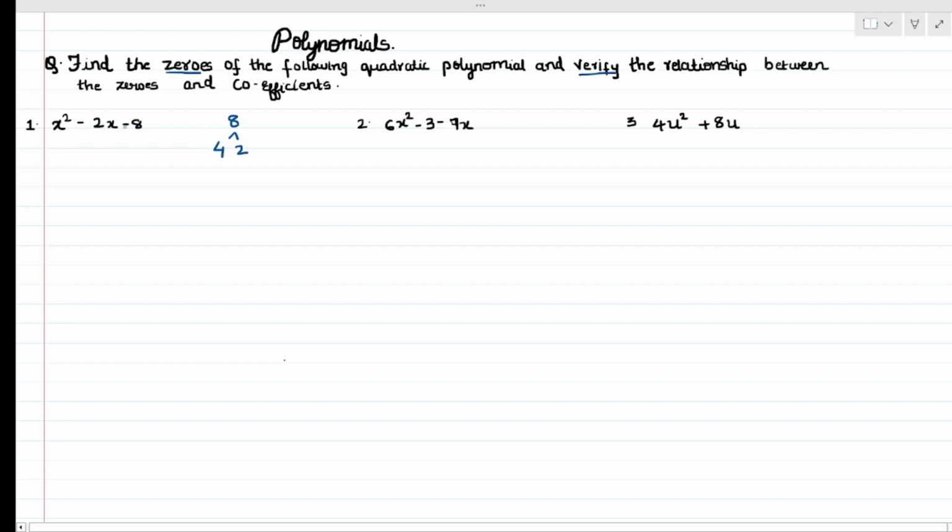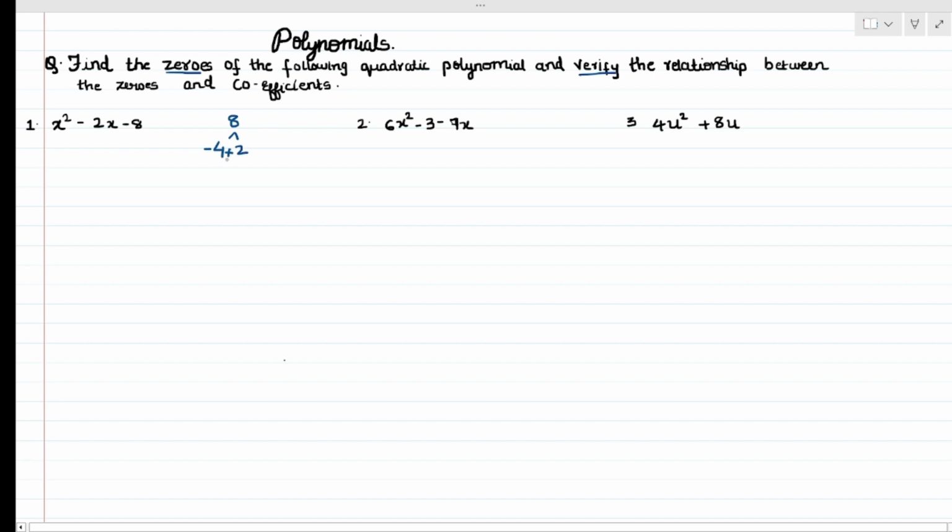Now, how will you assign the signs? The sign of the last term always goes with the larger number, so the minus sign will be with 4. The second sign is decided by ourselves, meaning we decide whether to keep plus or minus. According to our condition, if I put plus, then plus with minus gives me minus, and I get my answer 2x.